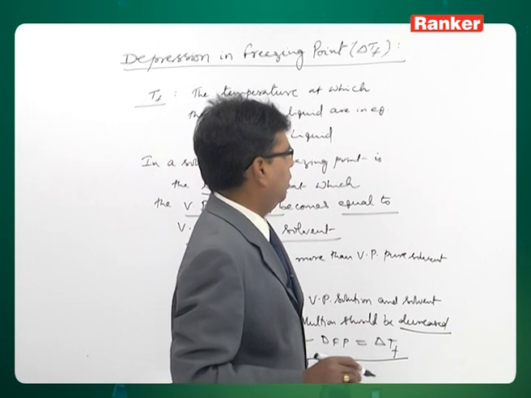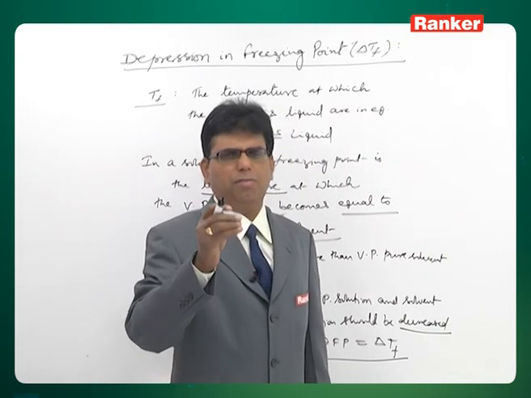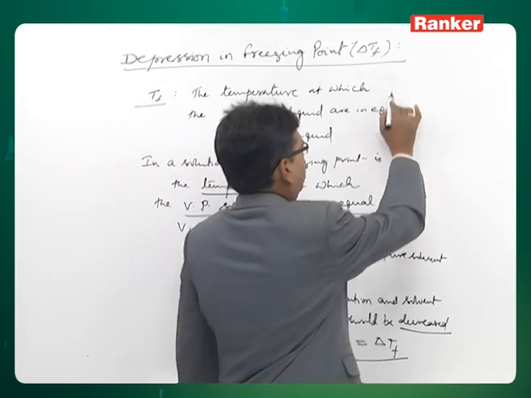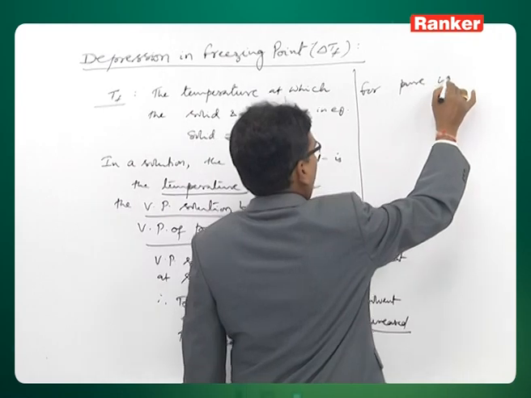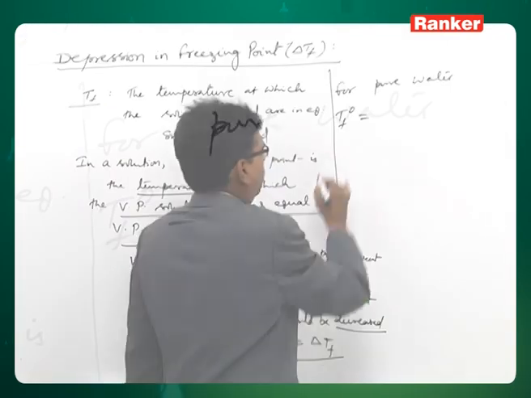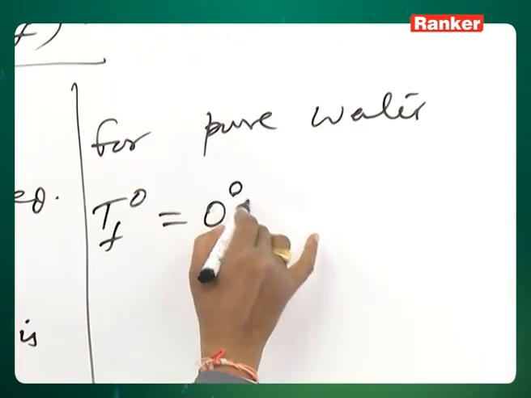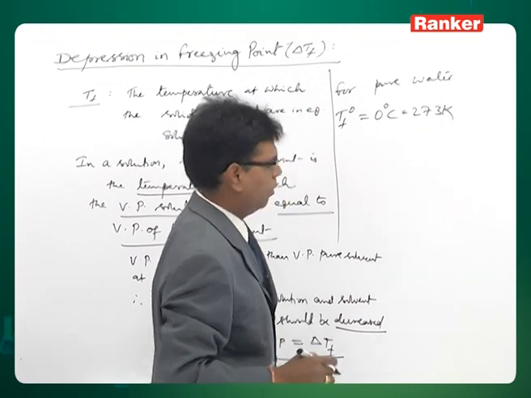Right. So, in the case of water, as all of us know very well, for pure water TF naught is equal to 0 degree Celsius, that is 273 Kelvin.